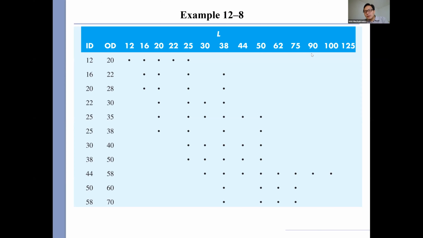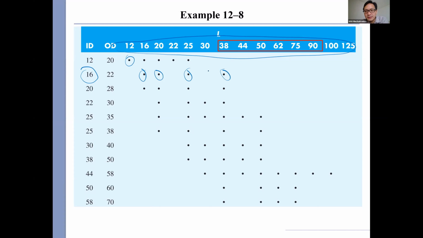Okay. So these are the list. This is a table showing you the available bushings from the supplier, right? All these dots are combinations. So for example, this is the length on the top. For diameter 16 millimeter, you have a bushing with a length of 16, 20, 25, 38.